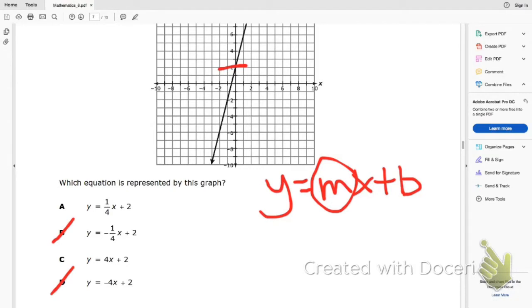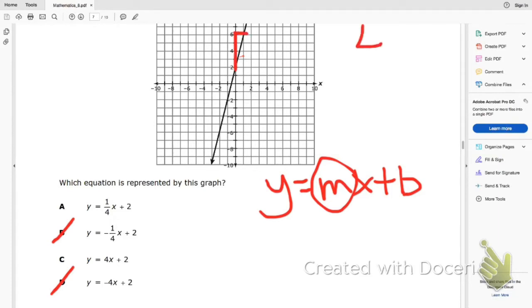So we're going to go 1, 2, 3, 4, and over 1. Again, I went up 4, over 1. I'll just clear that up so you can see that better. Again, up 4, over 1.